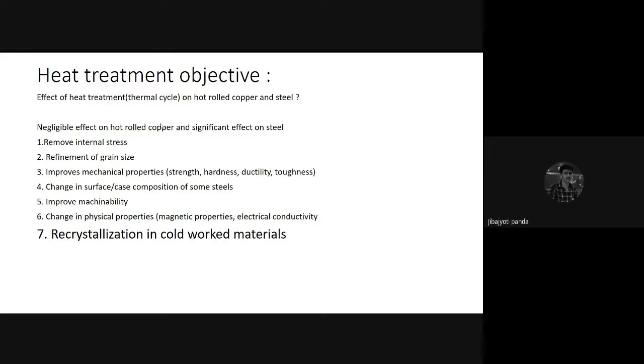Can you tell me why? People guess. You do heat treatment on copper.